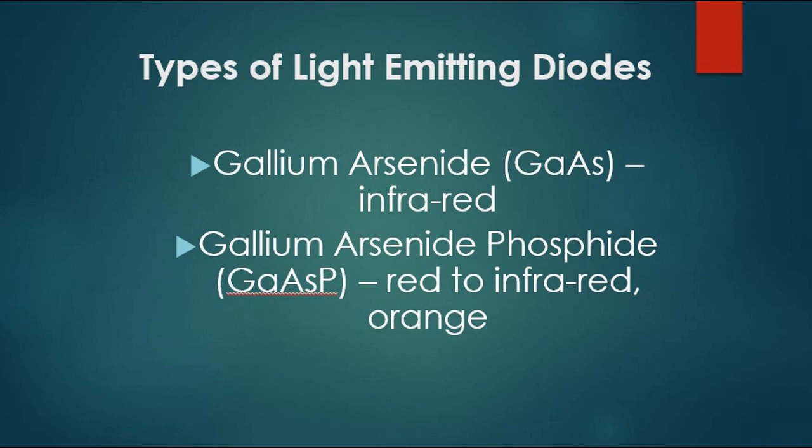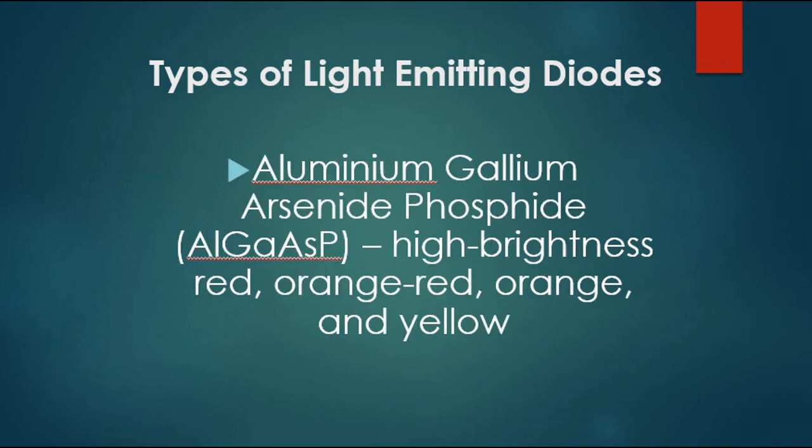That is to say, as this element has been added, because the first one is only gallium arsenide with infrared, here phosphide has been added, which transforms it to red and infrared, and adds orange to it. Observe what I'm explaining here.